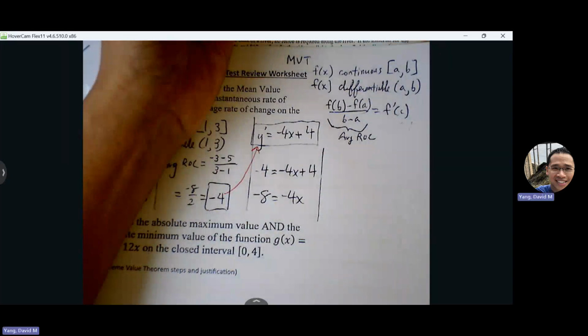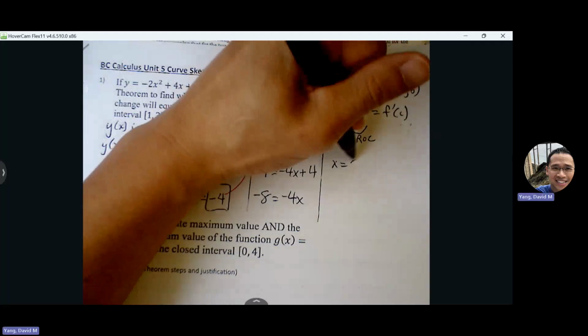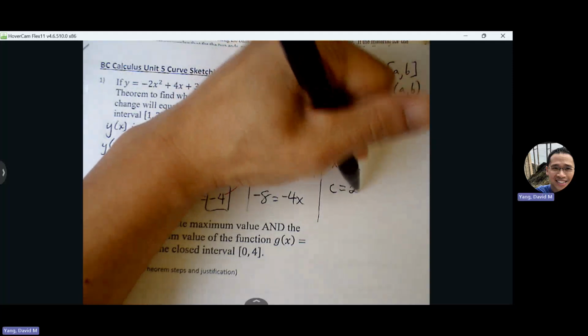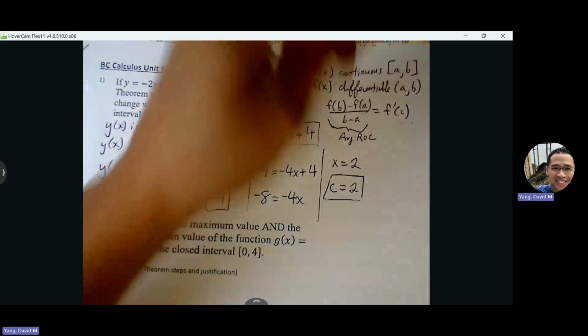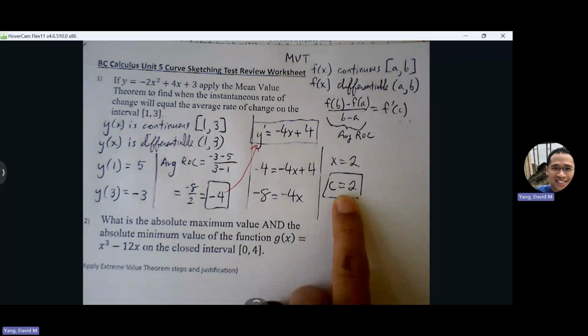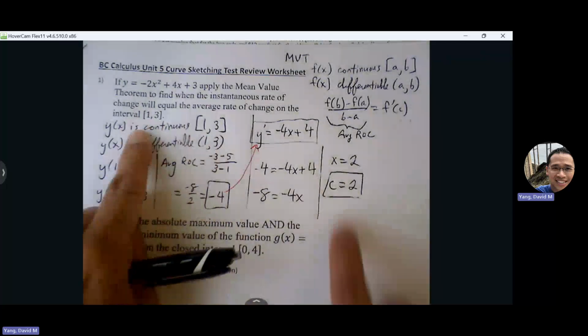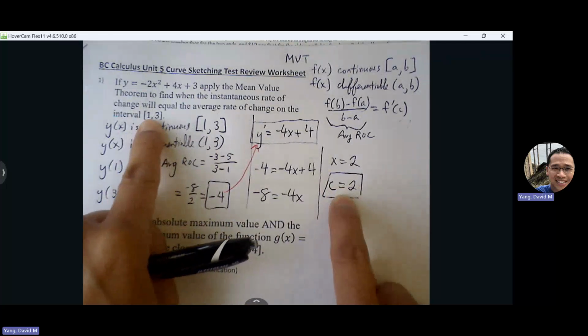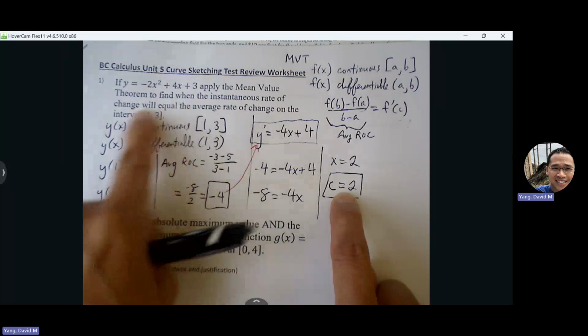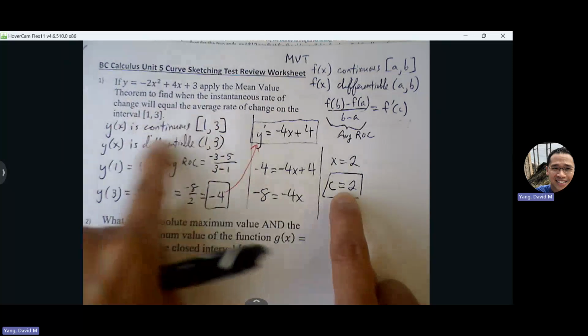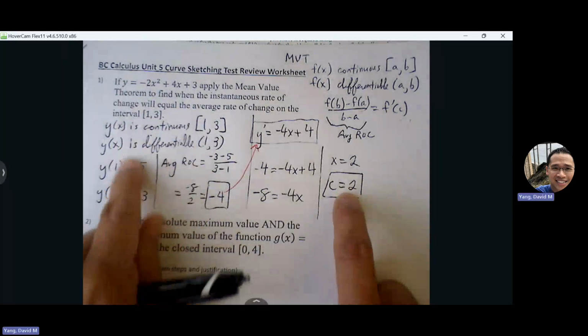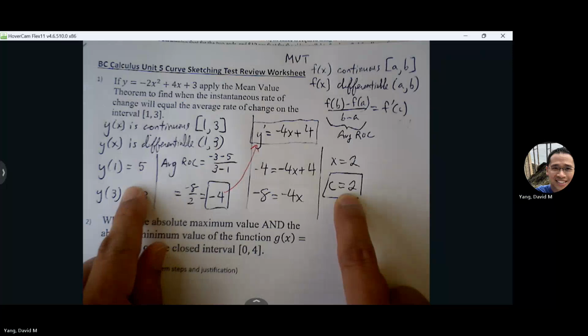Divide both sides by -4. X equals 2. So that's our C value. This is guaranteed. Is this safe between the two endpoints? Yes. Okay, that's a guarantee. If you find a C value and there's only one C value and it lives outside the interval, something went wrong. We have to get at least one solution that lives inside. As soon as we get these two conditions to pass, we should be able to get this to be a guarantee.